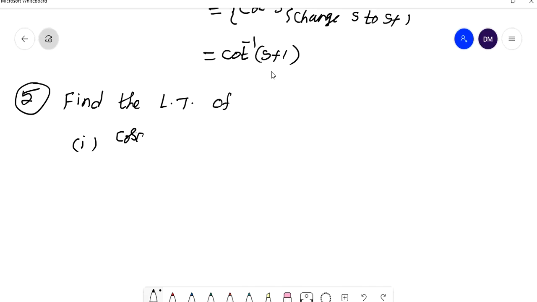The second problem is sin t by t. Please practice these problems.